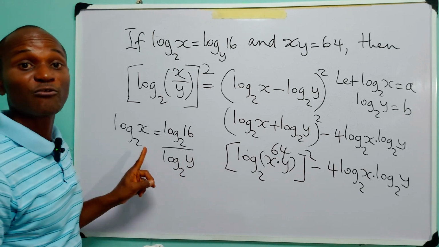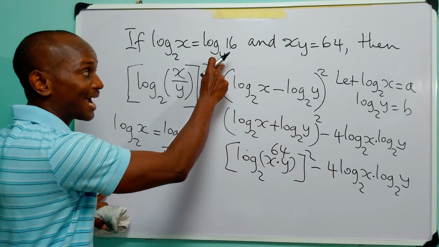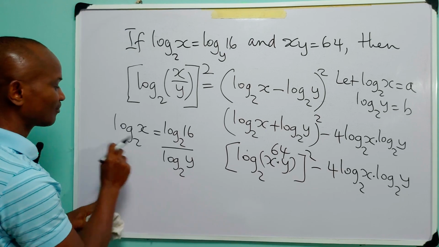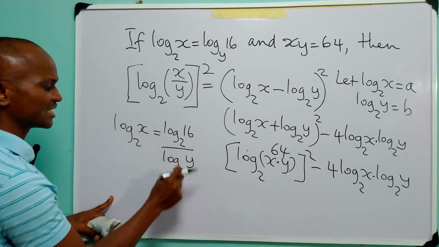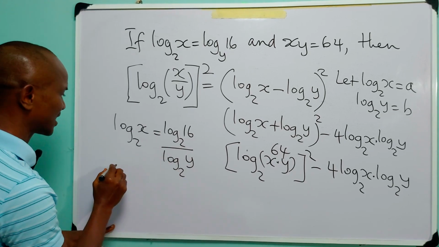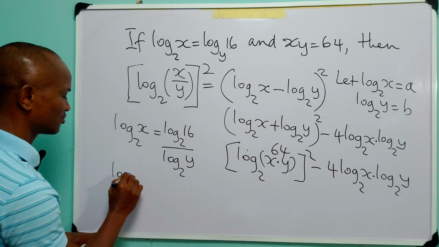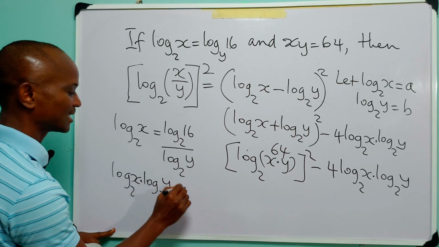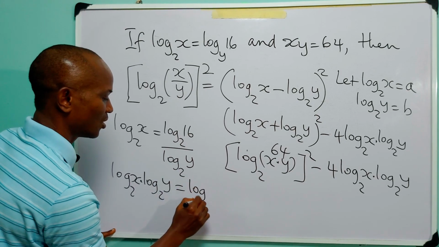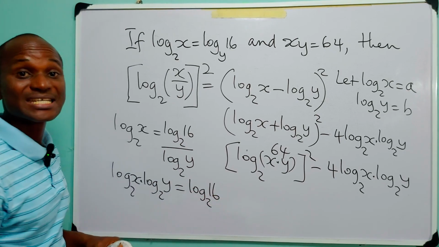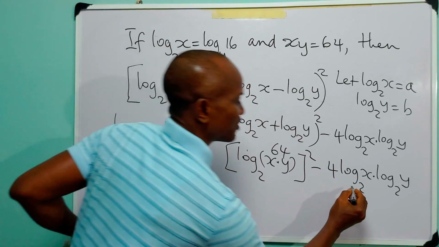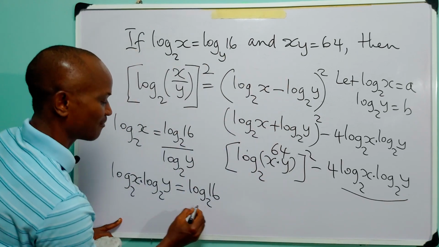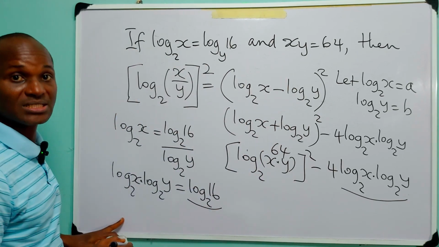That is change of base from base y to base 2. Multiplying both sides of this equation by the denominator, we have that log to base 2 of x multiplied by log to base 2 of y is equal to log to base 2 of 16. So we can replace this quantity here by log to base 2 of 16.